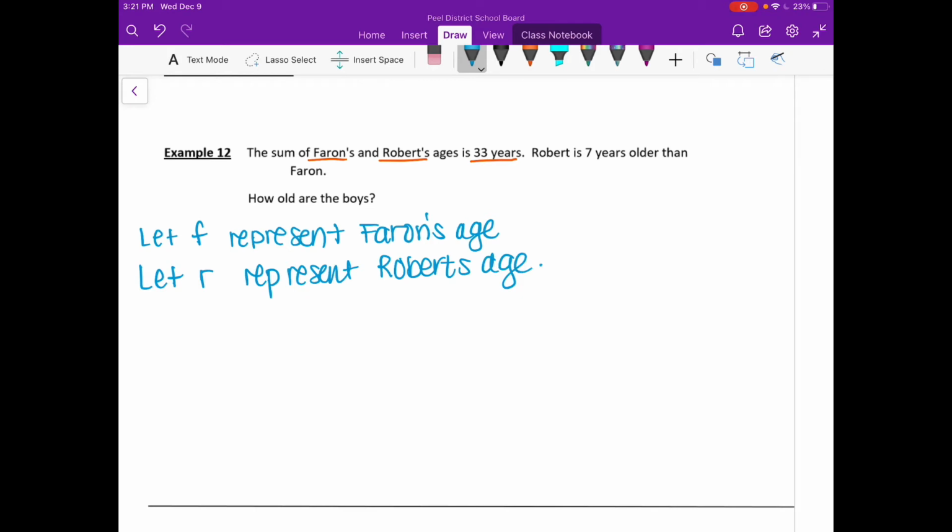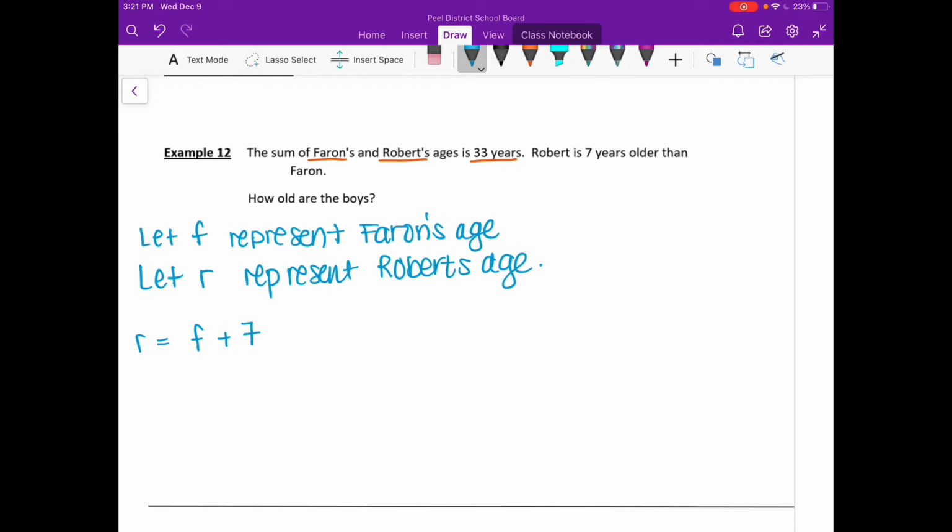Now, can we define Robert's age in terms of Farron's age? Robert is 7 years older than Farron, which means that R is equal to F plus 7. Right? Farron is 7 years younger than Robert, so you could have also written that F is equal to R minus 7. I would accept either one.